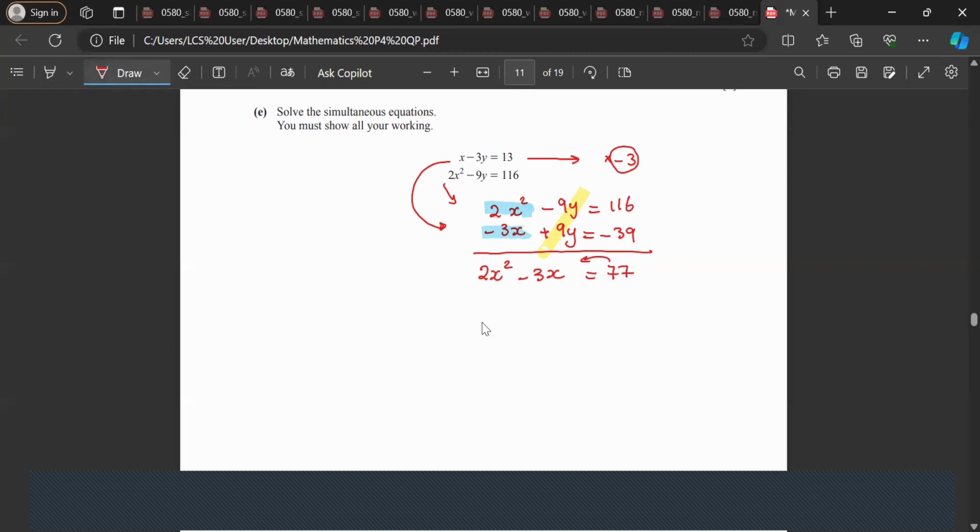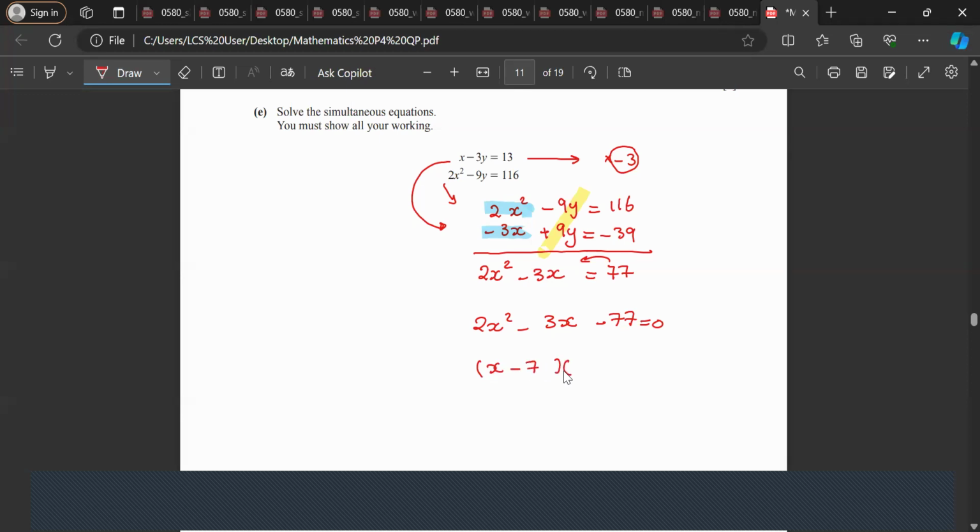Send this to the other side by negative: 2x squared minus 3x minus 77 equal 0. Then I will get what? On the calculator, x equals 7, so I will write it as x minus 7.